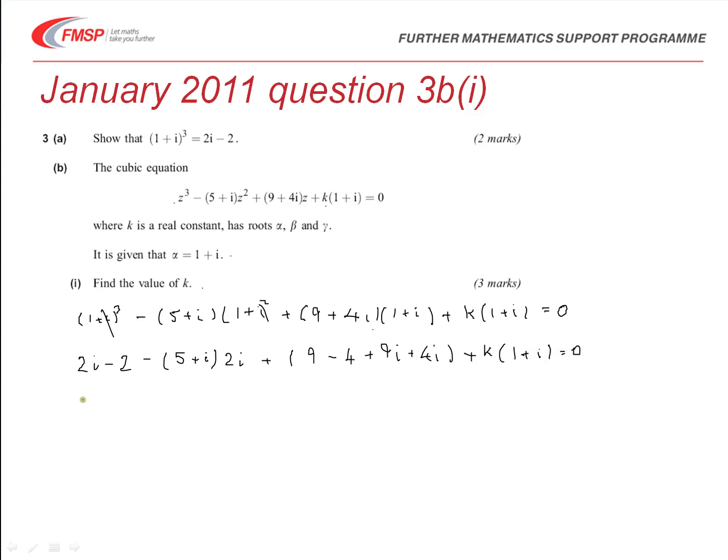So again, simplifying a bit further, we can see we've got 2i minus 10i, and then that becomes plus 2 there. Remember, i times i squared is minus 1, but we got a negative in front of the bracket. And then we got plus 5 and a plus 13i.